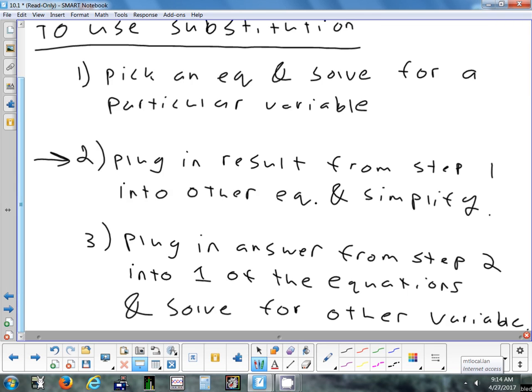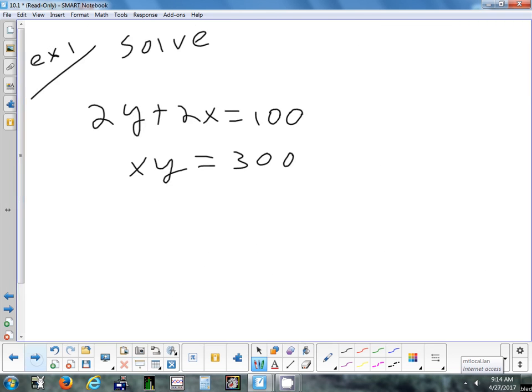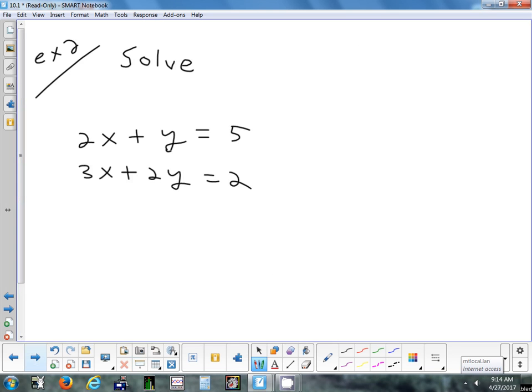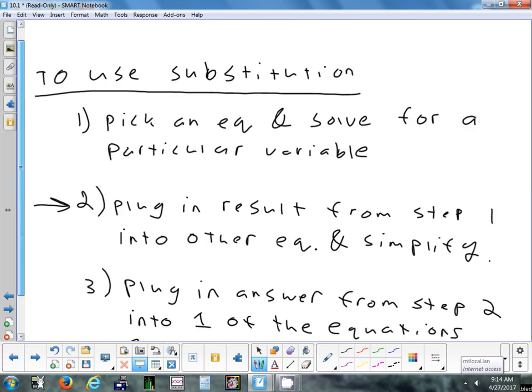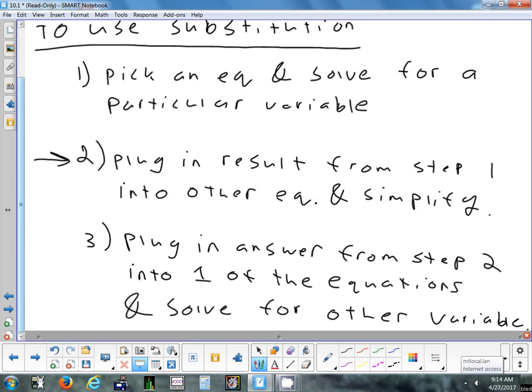An elimination problem would look more like this. That's a problem you would use elimination on. You could also use substitution, but elimination would be faster. Right, so we'll practice both. We'll try some problems like the one I just showed you where you could do substitution, and then we'll also try it with elimination. You should get the same thing.